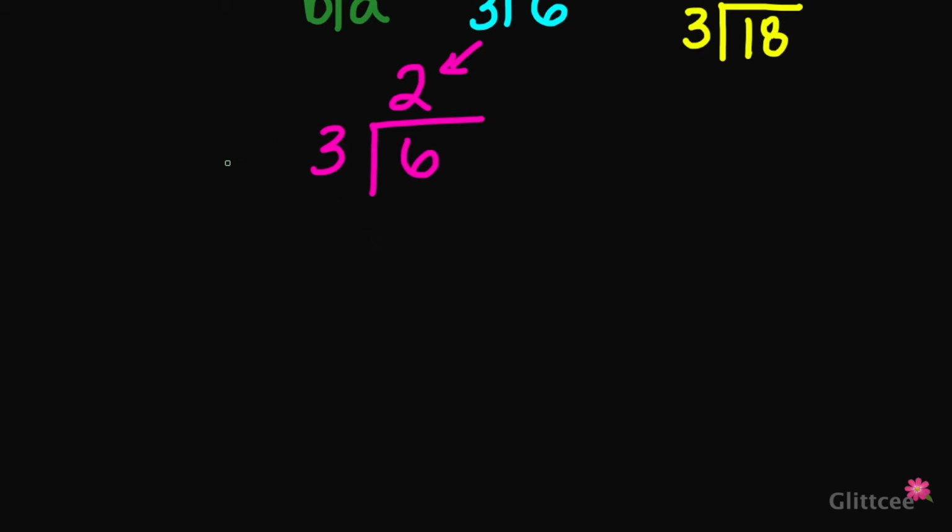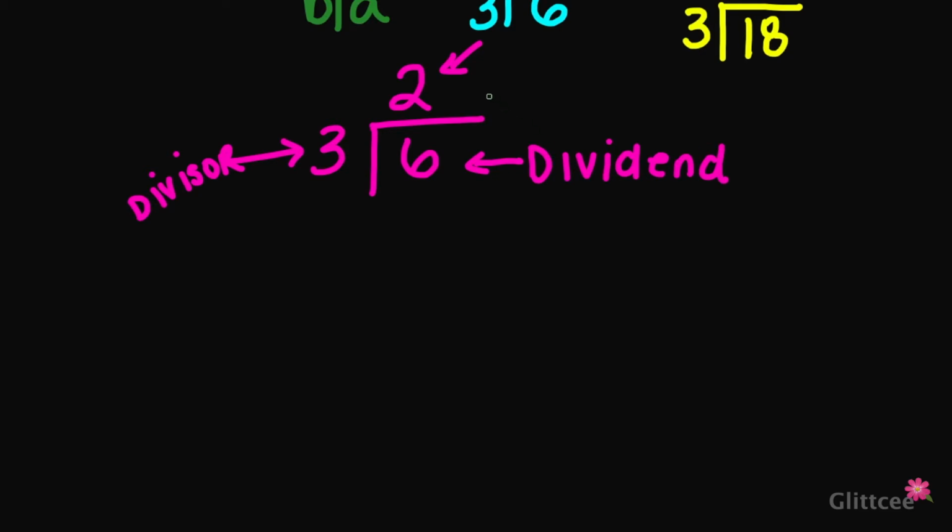So when you see the 3 on the outside, this is your divisor. The 6 on the inside is your dividend. This 2 up here is your quotient.